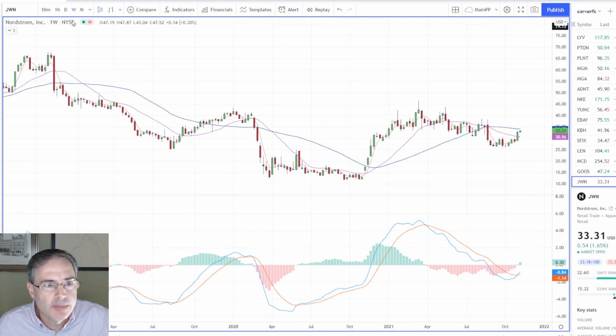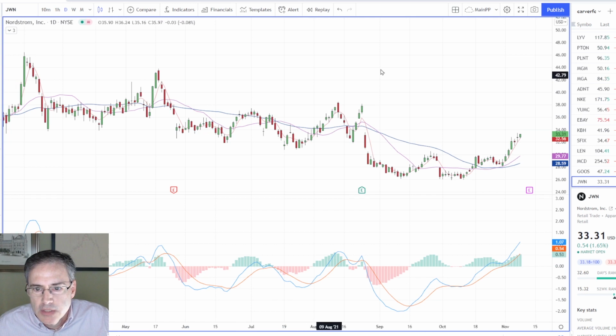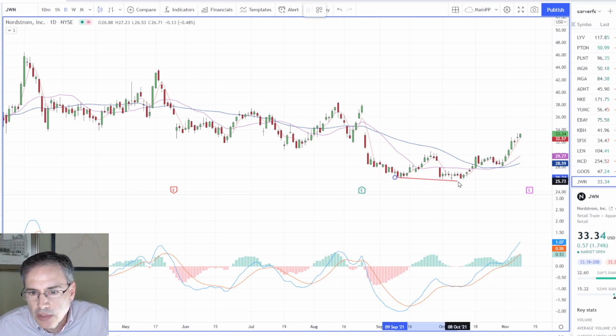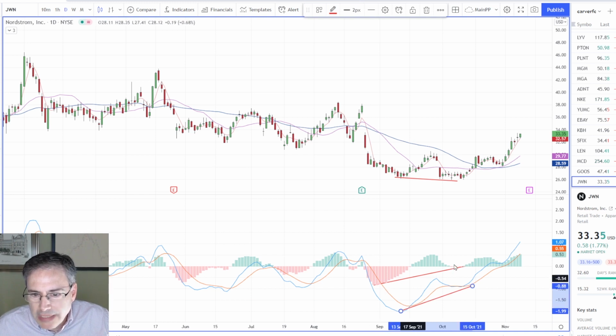So I want to show you how, and I'm going to switch to a daily chart. What I want you to see is I've got the stock going to a lower low here, and the histogram is confirming the MACD. So the MACD is showing divergence here, right? It is blatantly obvious when you look at this valley and compare it to that valley. Now, this is making a new low in price, and look at the difference in the valley.